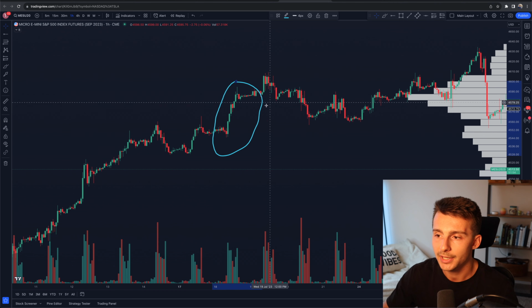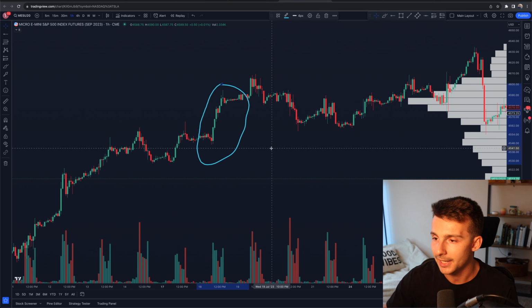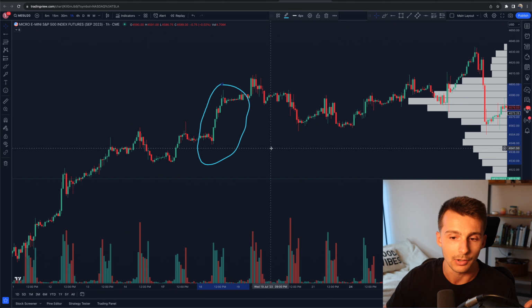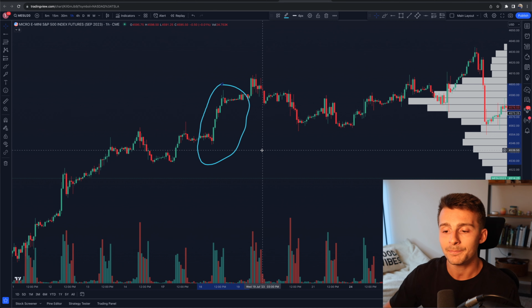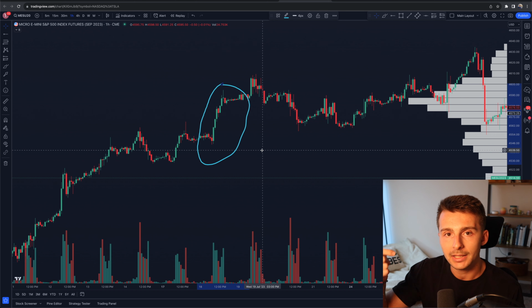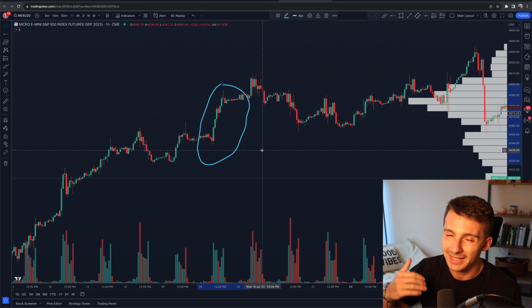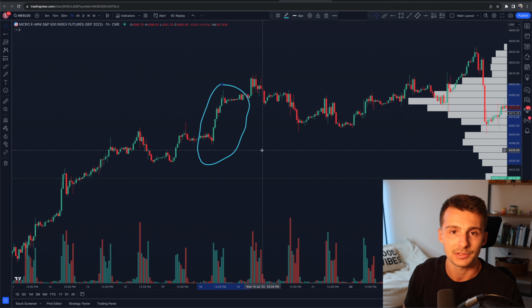And like anything else, fair value gaps are not 100%. By no means do they have to work. It does not equal this works all the time. Everyone gets so caught up in that, but it's a way that you could put yourself, again, all you need is that plus side of 50-50, right? Get to 55%, get to 60%, and you're golden.